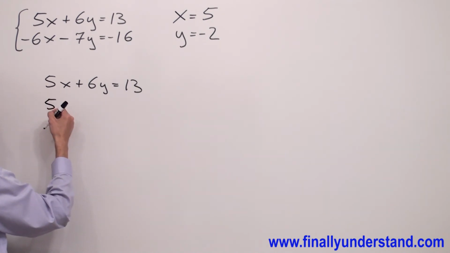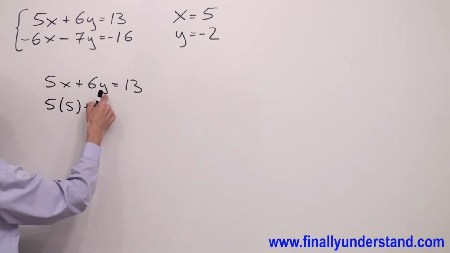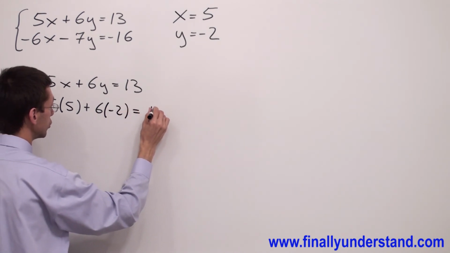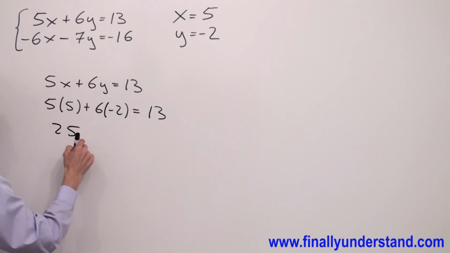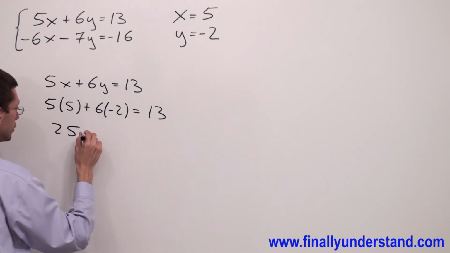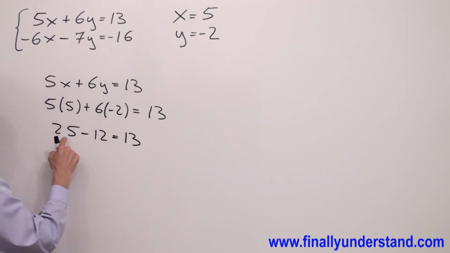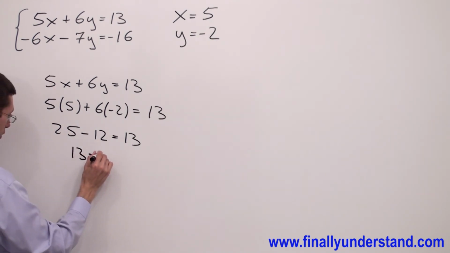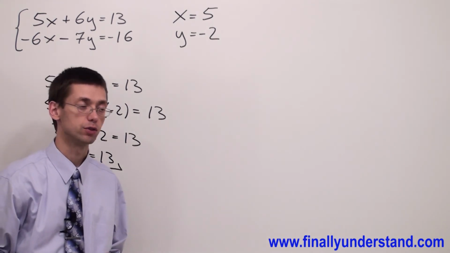I have to substitute x by 5, plus 6, and I have to substitute y by negative 2, equals 13. 5 times 5 equals 25. 6 times negative 2 is equal to negative 12, equals 13. 25 minus 12 is equal to 13. 13 is equal to 13. The left side of my equation is equal to the right side. So we can say that the first equation checks.